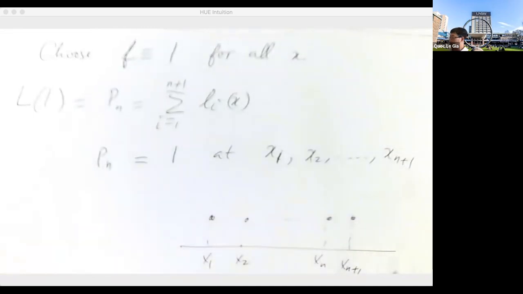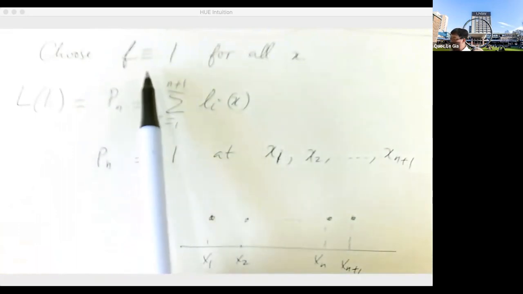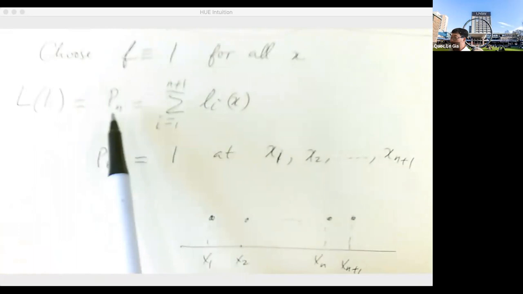But how do we show that in the middle, it has to be equal to 1 as well? You see the point, right? If you choose f equal 1, then you just have Pn equal 1 at those interpolation points.